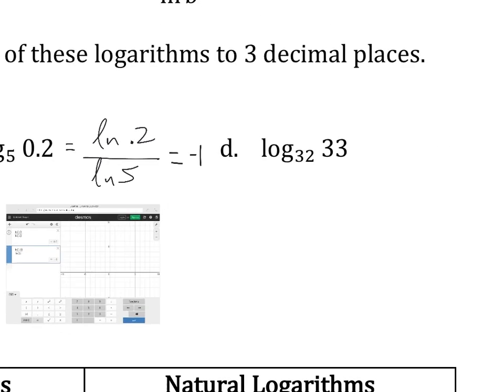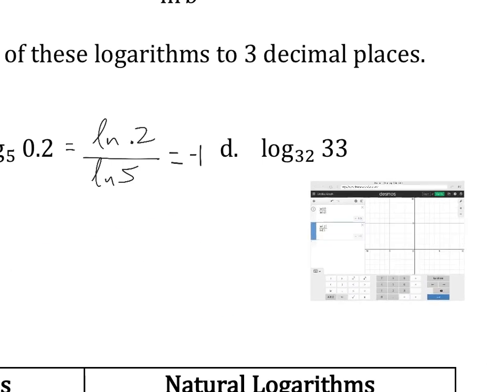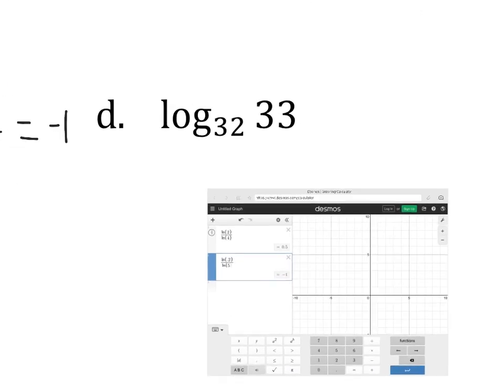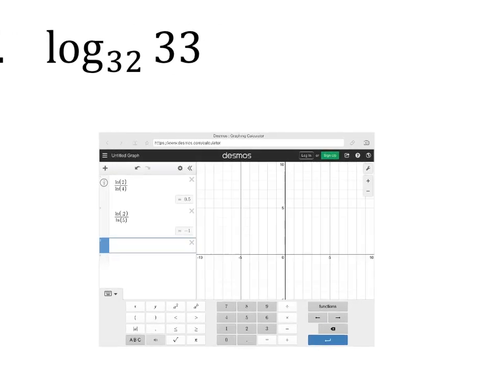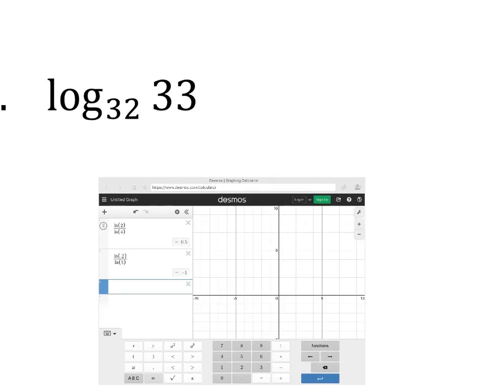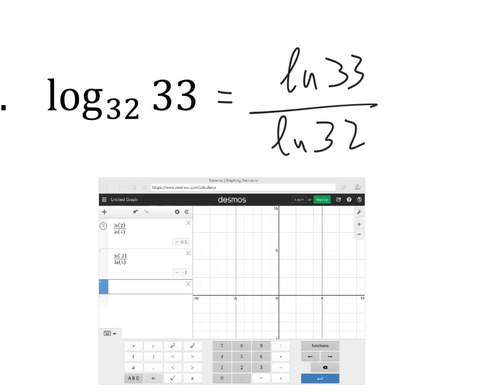And one more here. How about the log base 32 of 33? Those ones are all nice, neat numbers that we probably could have come up with just working it out with what we know about logarithms. But what if we have something that's a little stranger? Like this. So log base 32 of 33, we're going to change this into the natural log of 33 over the natural log of 32.